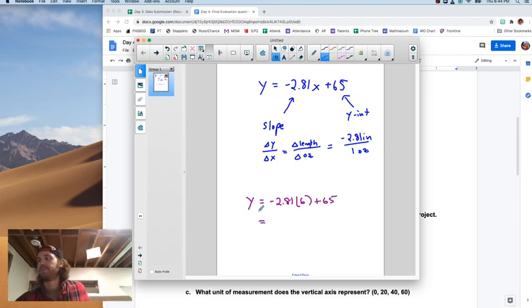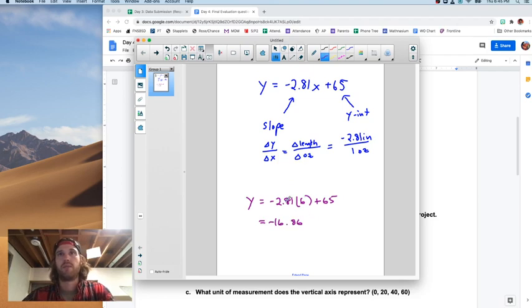Let's do the math. Get my calculator out. That's negative 16.86.